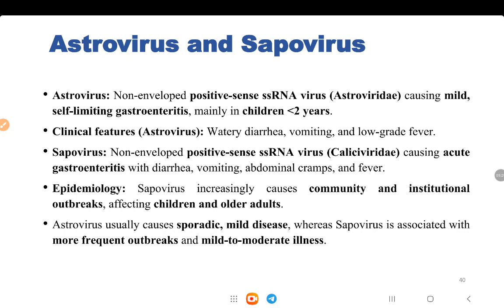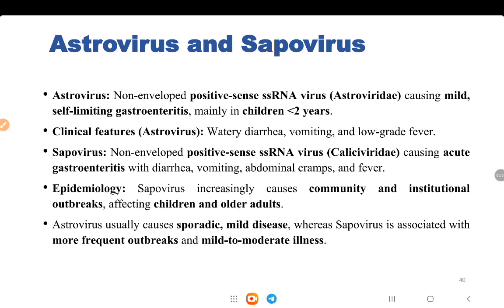Clinical features include watery diarrhea, vomiting, and low-grade fever. Sapoviruses are non-enveloped positive single-strand RNA viruses from the Caliciviridae family, causing acute gastroenteritis with diarrhea, vomiting, abdominal cramps, and fever. Sapoviruses increasingly cause community and institutional outbreaks affecting children and adults also.